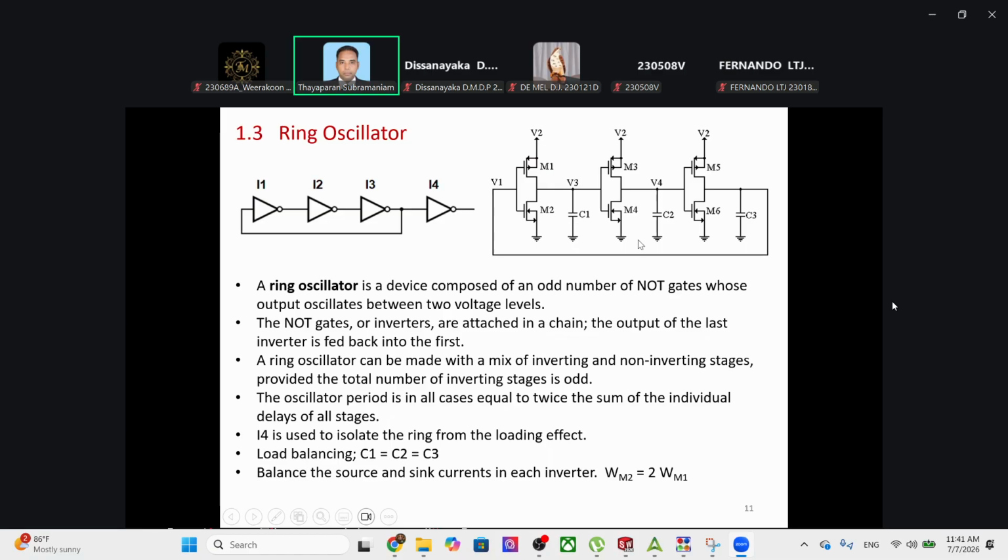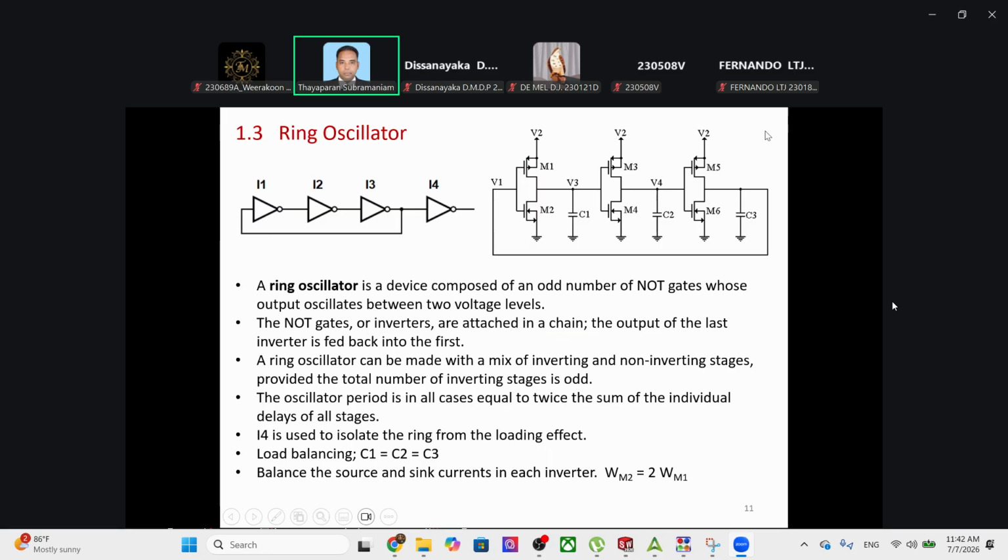But it is good in some way because we can tap different outputs, and you can also have some control over when it is enabled. When enabled, it oscillates.